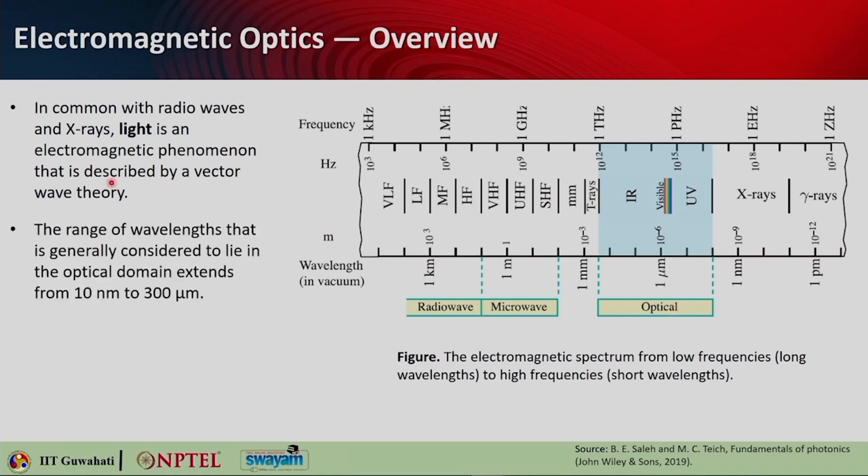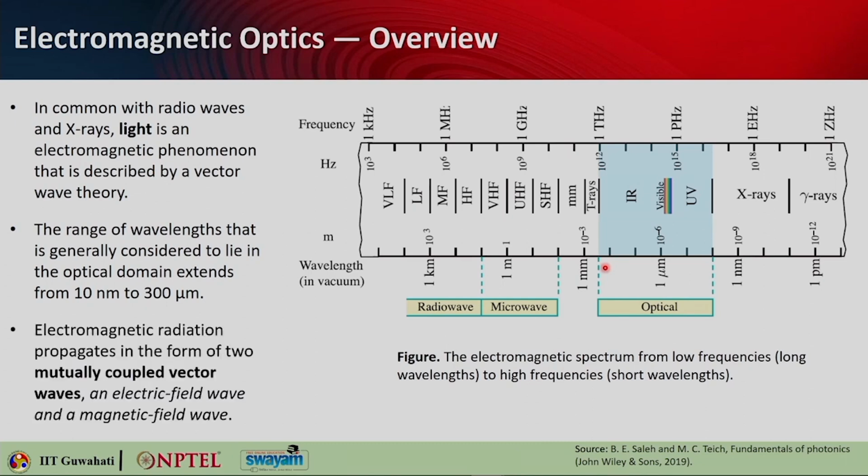Here is the exact number, 300 micrometers. So the optical range basically extends from, as I mentioned, 10 nanometers to 300 micrometers. That is the range we are discussing.